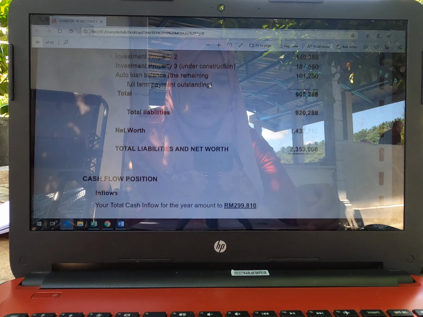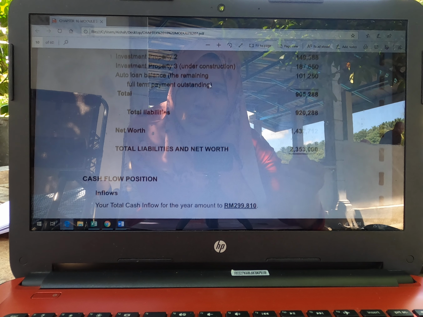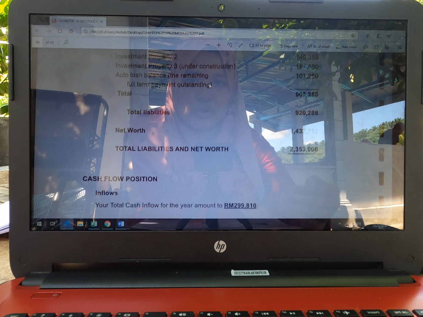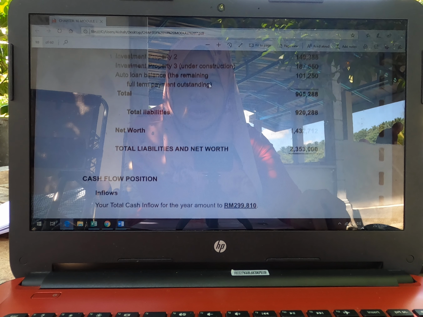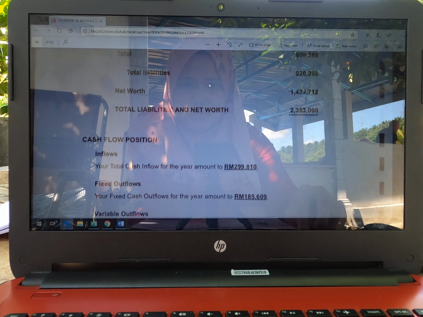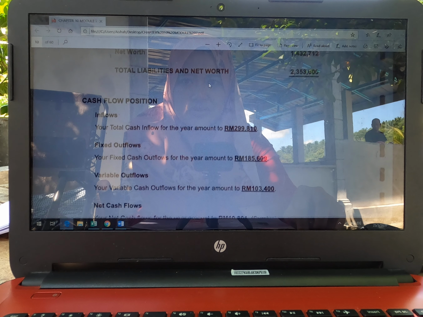If they don't have enough money, or if they are trapped in debt, it would be very difficult for you to give recommendations to the client. So this is the standard format that you have to follow.